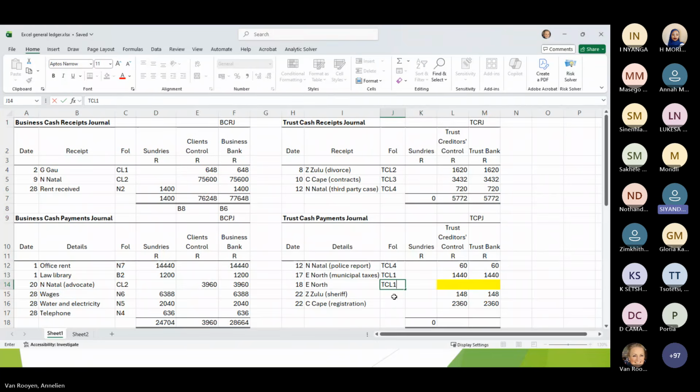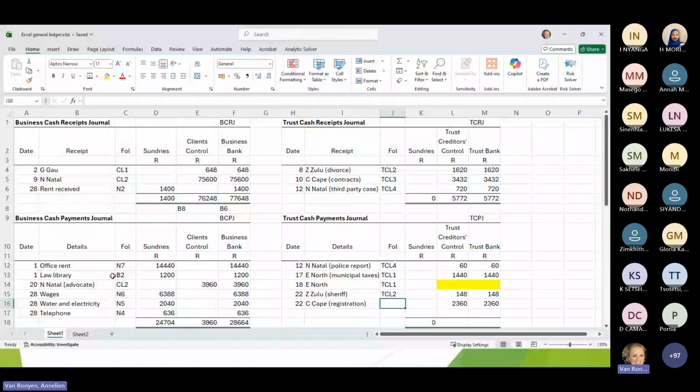Ma'am, will we be required to remember these TCL folios? For the folios, yes. I recommend that you learn these, not the number itself, but the wording of the folios. Trust client's ledger, nominals, and your assets we call B, nominals, client ledger. It's not that difficult to know and to remember, so just make a note of it and know when to use what.